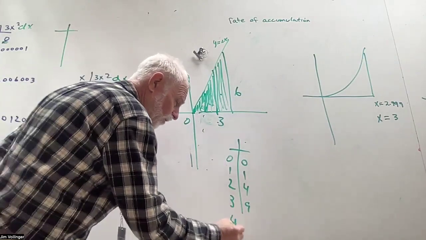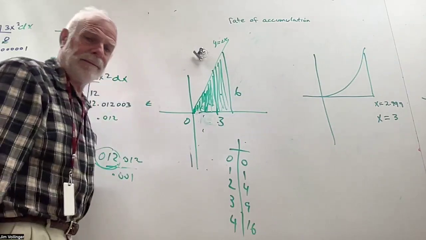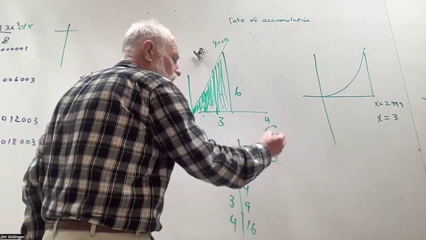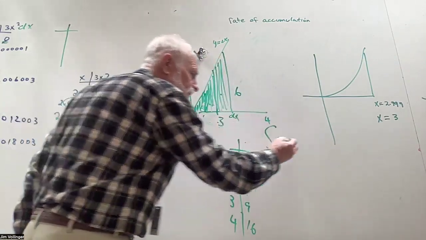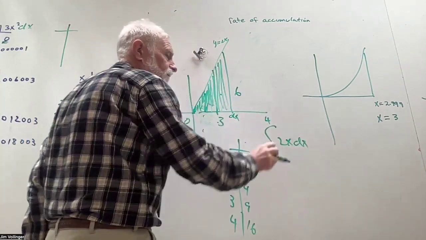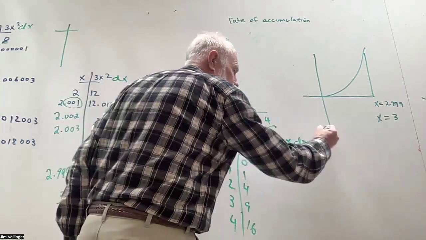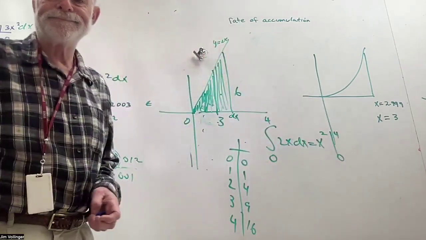Anybody want to guess what 4 is? If you're looking for patterns, if you said 16, you'd be right. So what is the accumulation from 0 to 4 given this rate function and all of these widths? All of these height times widths, it's giving me an area statement of x squared from 0 to 4. And now you're doing the fundamental theorem.